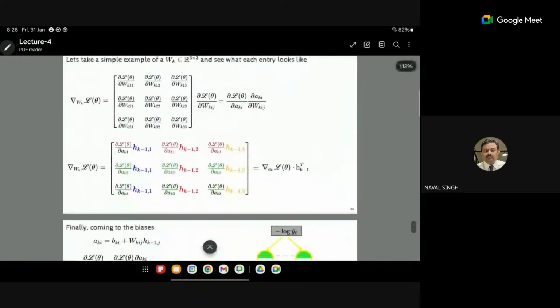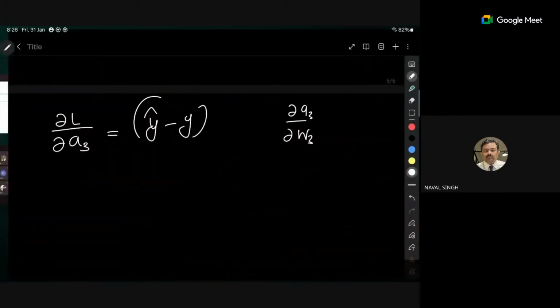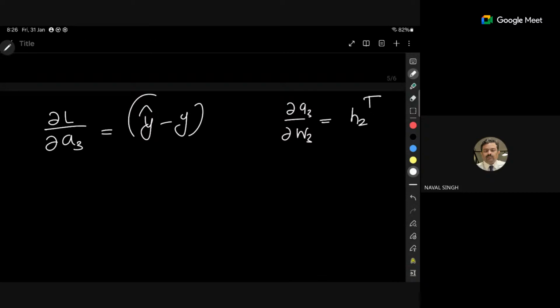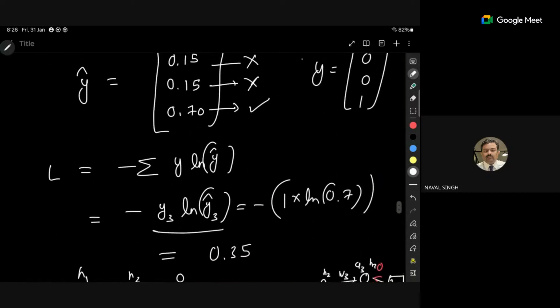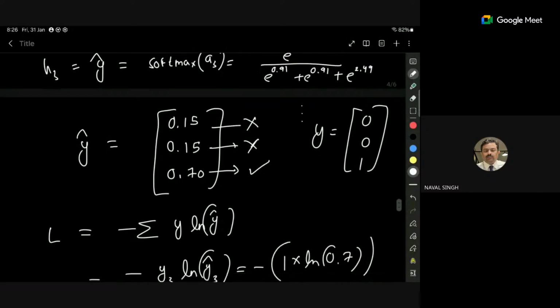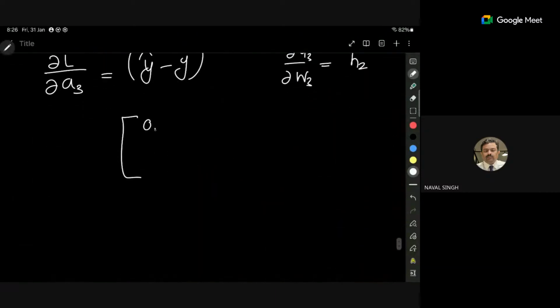So whatever H2 is in our case, take K as 3, so H2 transpose. So H2 transpose we have to do, right? Why? Because this matrix multiplication will happen after using that. So to simplify this, we have done that. So this is going to be H2 transpose, right? So if we do it with respect to our problem, we get 0.15, 0.15, 0.70. Sir, can you continue next class?